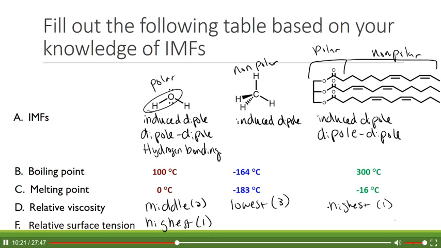Now, our fat over here, the one with the polar and nonpolar regions, is going to have the middle, and then our lowest again will be methane because it has very, very weak induced dipole interactions.